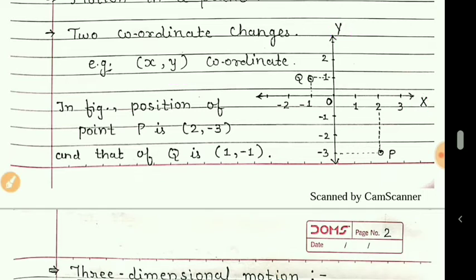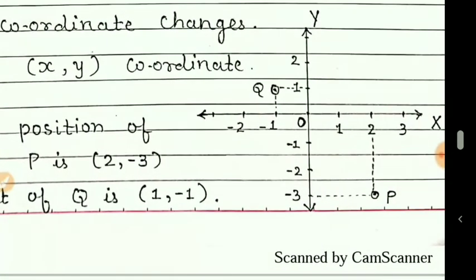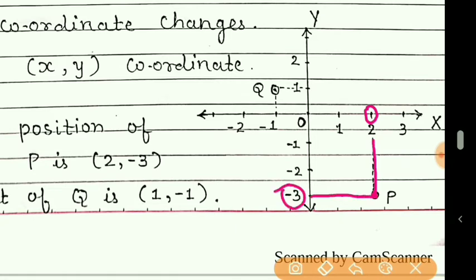Now if I ask you from this figure, what is the position of point P in this xy coordinate system, then definitely you can see that point P has x coordinate 2 and y coordinate -3. So point P lies at (2, -3).